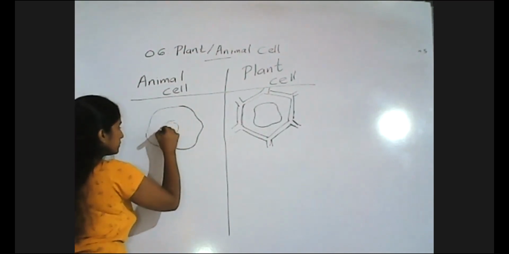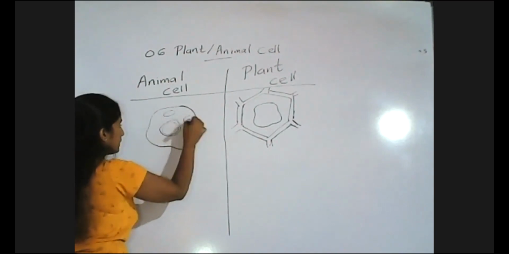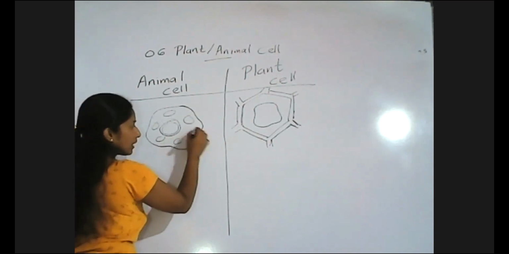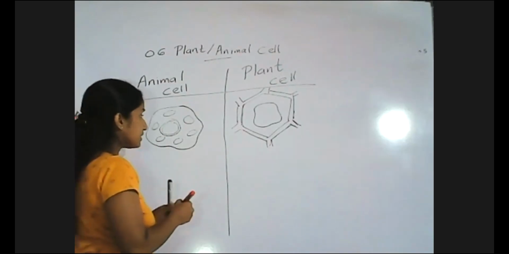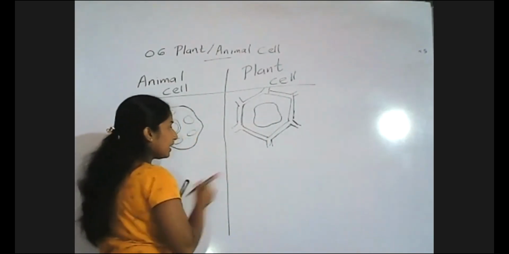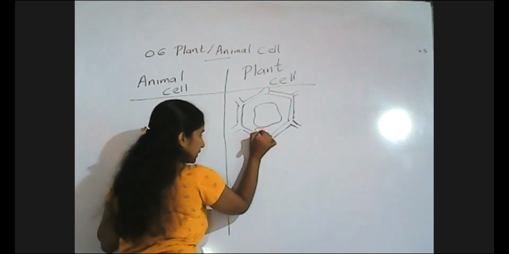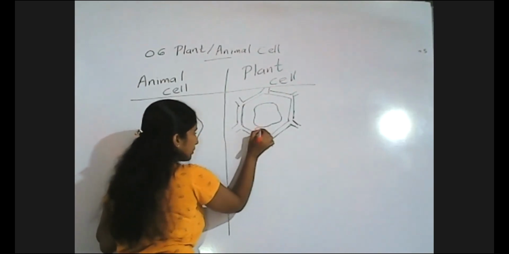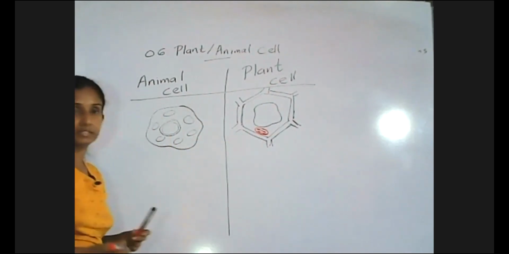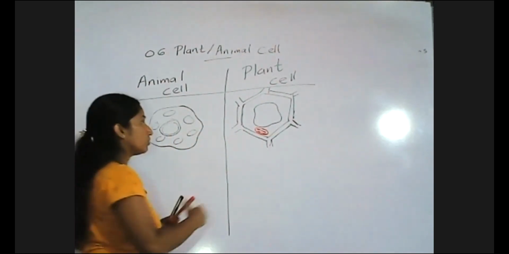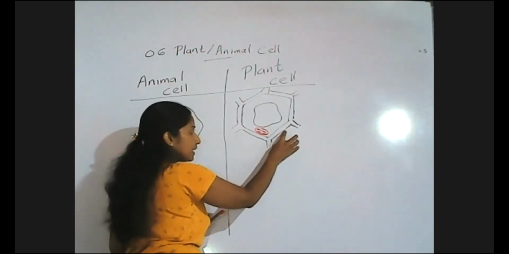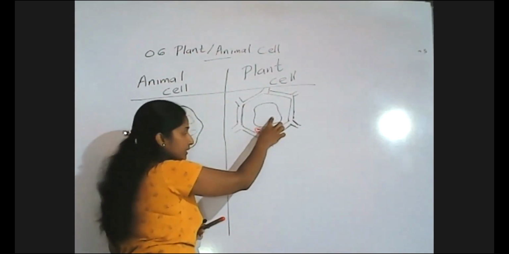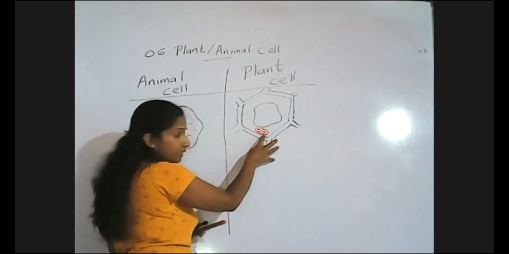The nucleus is there and we can find other organelles. The special feature in plant cells is the central vacuole, and another organelle, the chloroplast, where the photosynthesis is going on. So in the plant cell, the cell wall, large central vacuole, and chloroplasts are there.